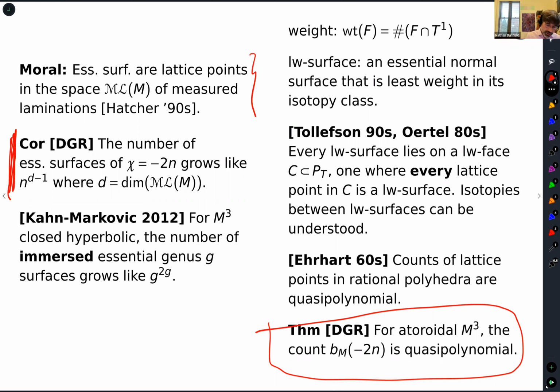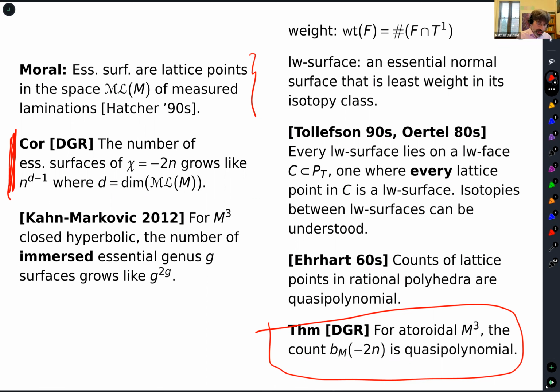You can think about essential surfaces as being lattice points in some space of measured laminations, analogous to the space of measured laminations on a surface. For surfaces, the space of measured laminations is just R to the 6g minus 6. It's well understood what it looks like. For three-manifolds, it's not necessarily even a manifold. It's some kind of piecewise linear stratified space. Anyway, it's not so important except to say that it has a dimension.